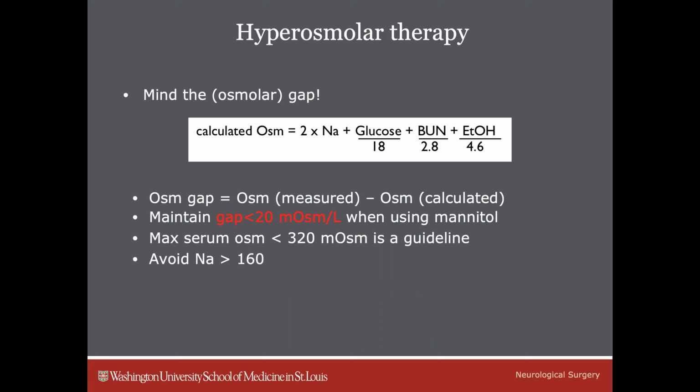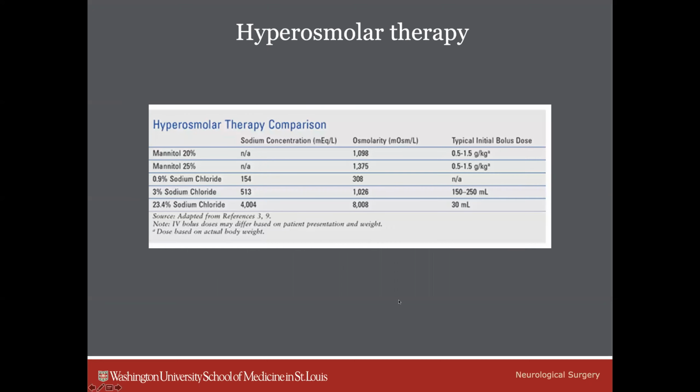But each of these studies has its own limitations, and you have to interpret that in the context of what the study was meant to address. Again, we have different kinds of agents that we use, either mannitol or varying degrees of hypertonic saline. One of the things that's not here is 5%, which we also use here.